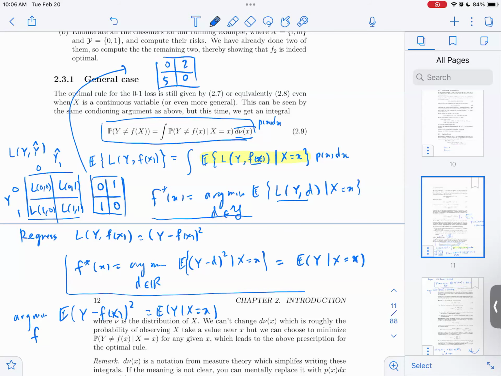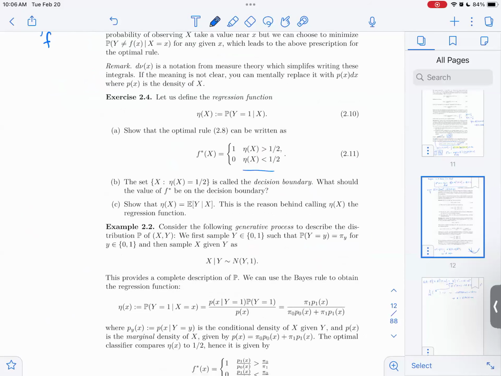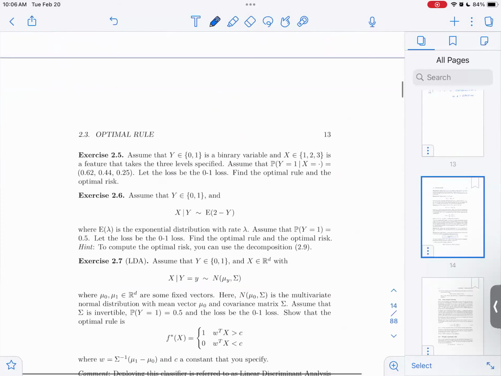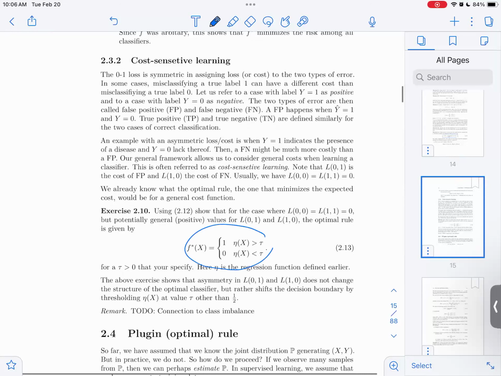Based on that, you go through this calculation and you find that the optimal rule again looks like something like that, but this 1/2 is not going to be 1/2 anymore. If you go through the details of this exercise, you get that the optimal rule is still structured.